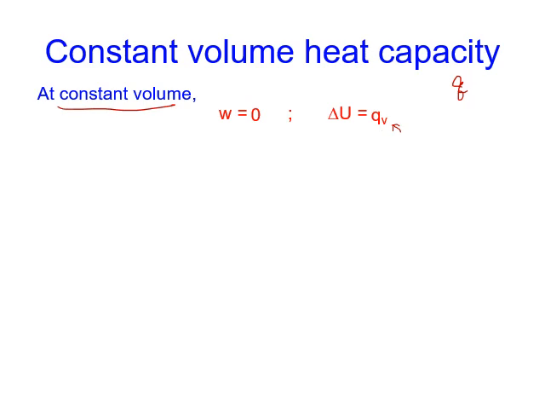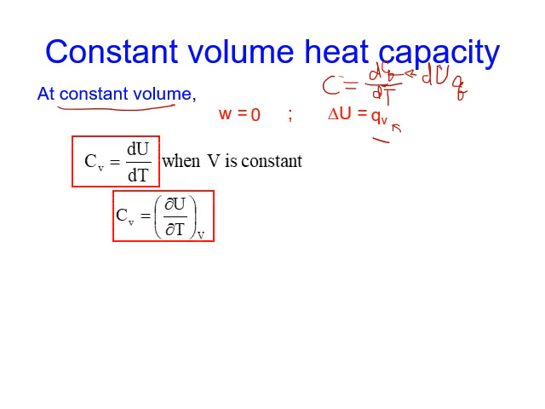Because heat capacity is defined as dQ over dT, how much heat is needed to increase temperature 1 degree, and at constant volume dQ equals dU, therefore heat capacity is dU over dT. So that's the state function changing with temperature.